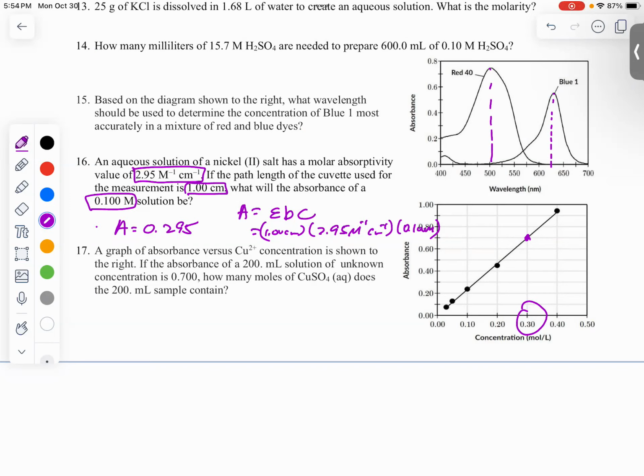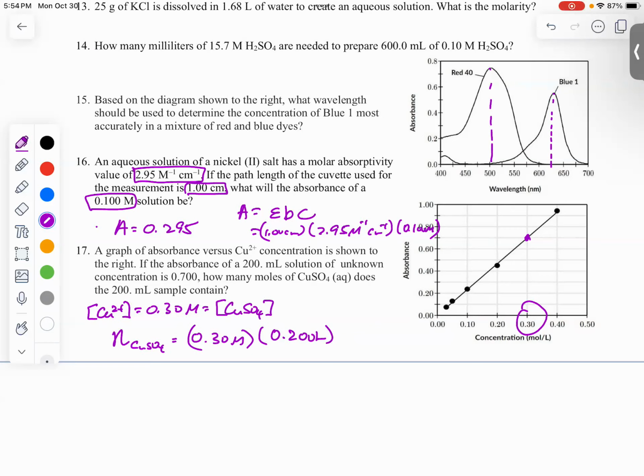So we can easily obtain our concentration of copper 2 plus ion, which is 0.3 molar. Since copper 2 ion and copper 2 sulfate is in the ratio of 1 to 1, that would also be the copper 2 sulfate concentration. But that's a concentration that is not our moles yet. So to get our moles of copper 2 sulfate, we will do molarity times volume.